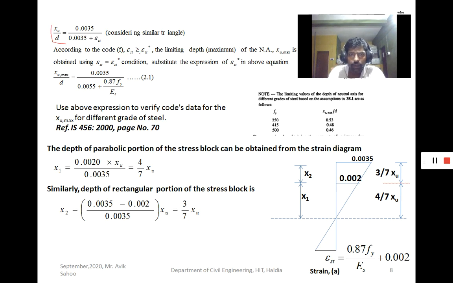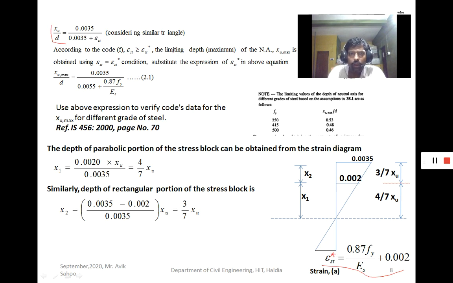This is called the limiting strain, and the limiting strain is equal to this value, epsilon st star. This amount is called the limiting strain.